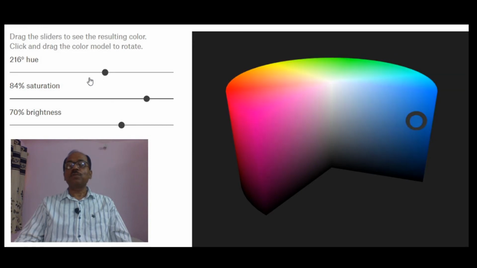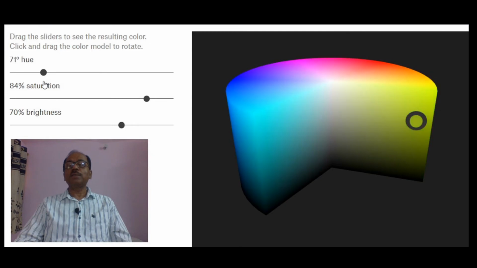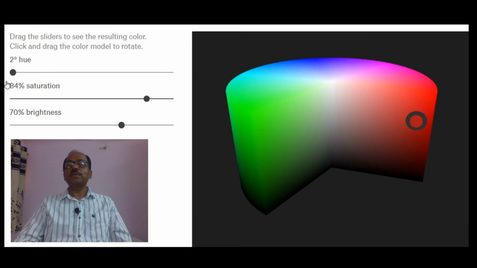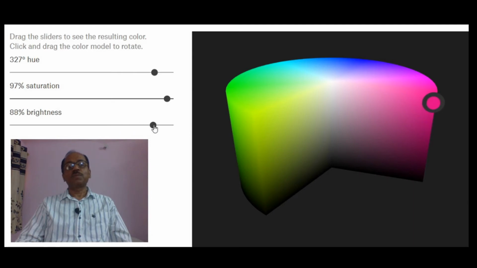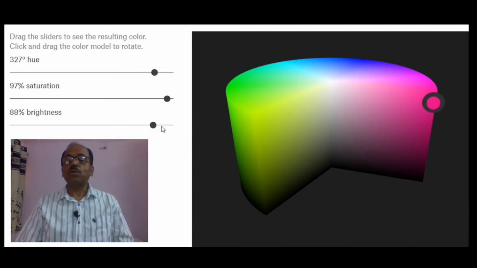Here it gives blue, here green, here again red, the original, and so on. So, this is all about the HSB color model. Okay, I hope you all understood this HSB color model.